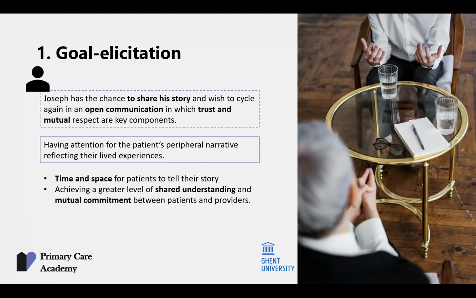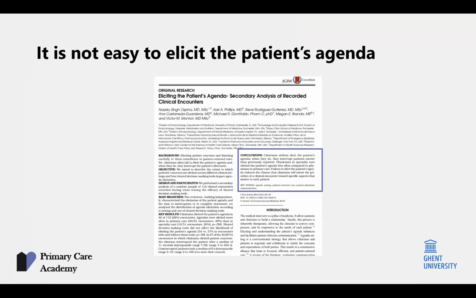So goal elicitation has to set the stage, to create a supportive context for the goal setting stage, which I already mentioned as the second stage of the goal-oriented care process.